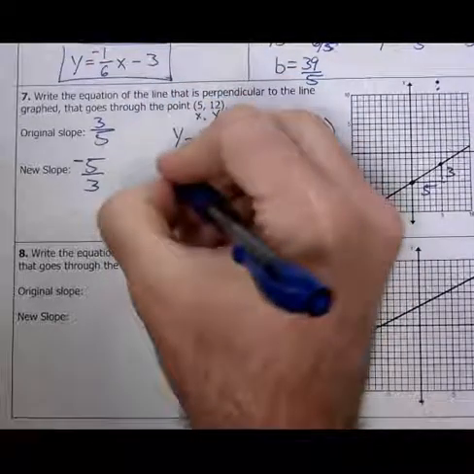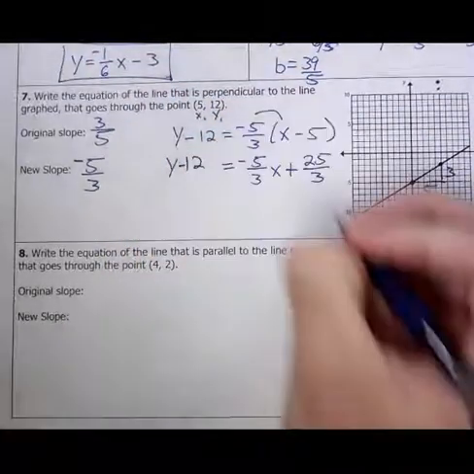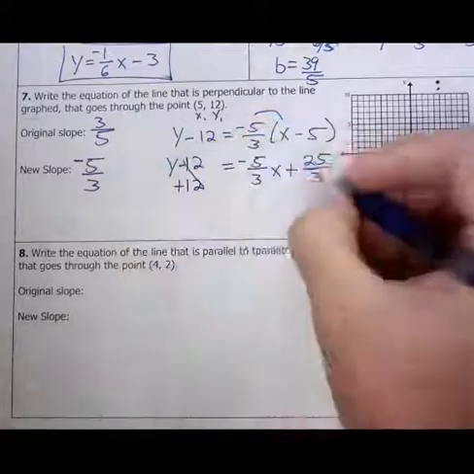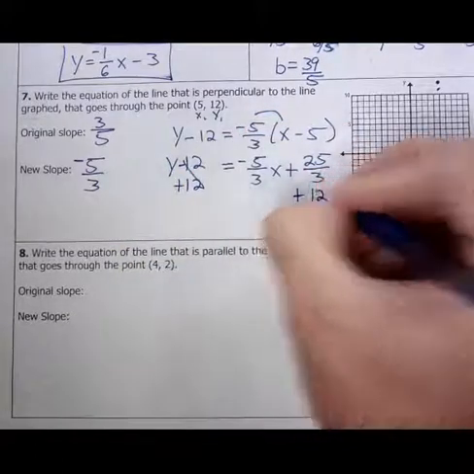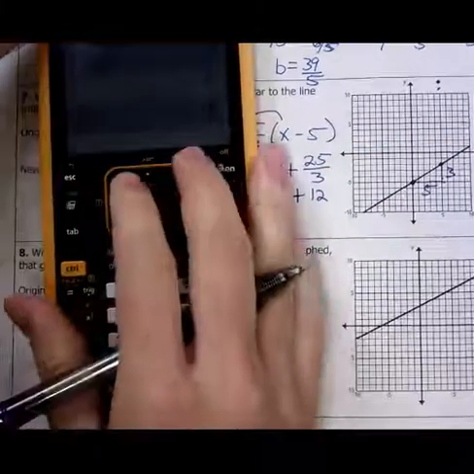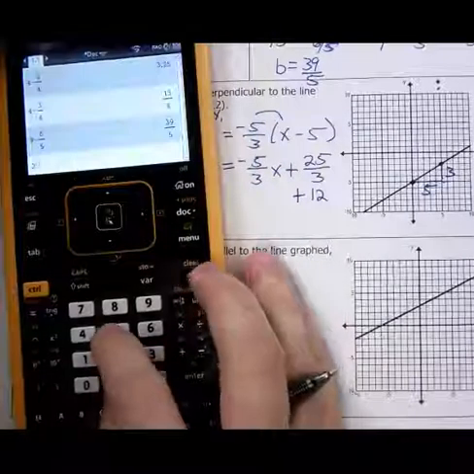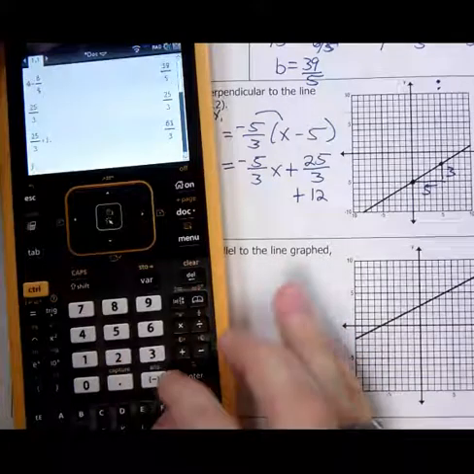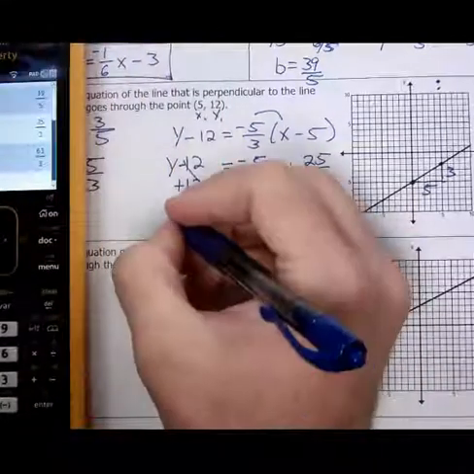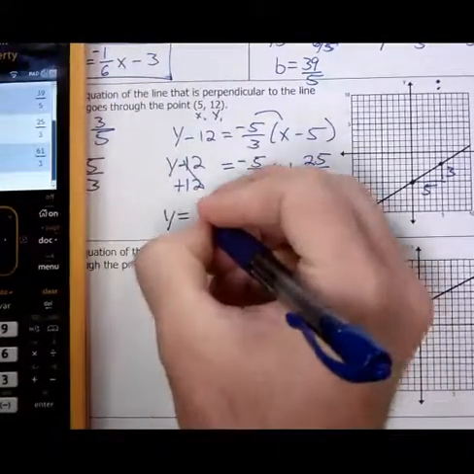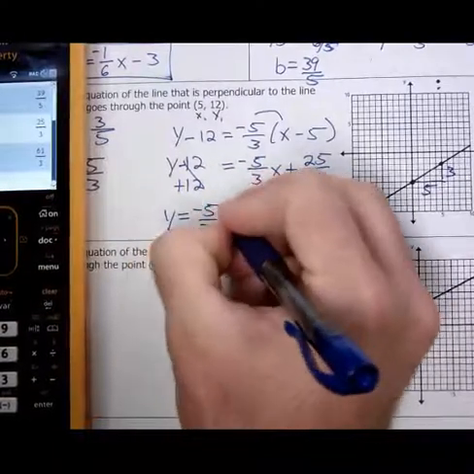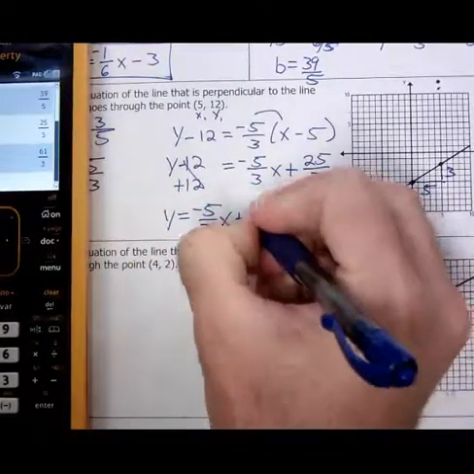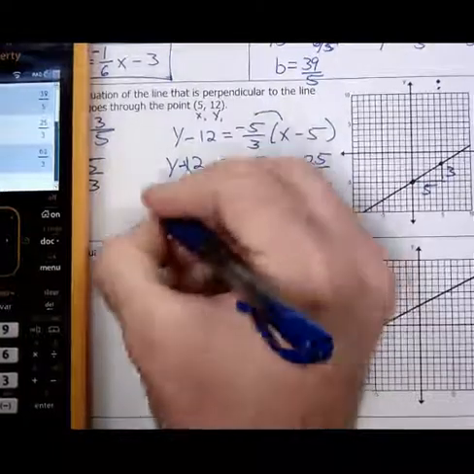And then your last step is to add over the 12. Let's just see what the calculator tells us. 25 divided by 3 plus 12. 61 over 3. So y equals negative 5/3 x plus 61 over 3.